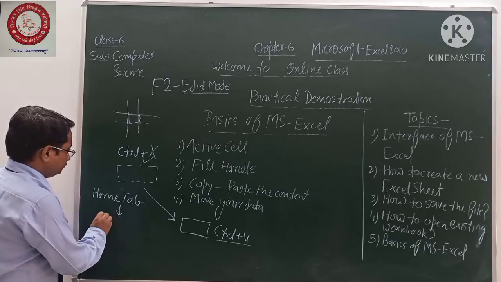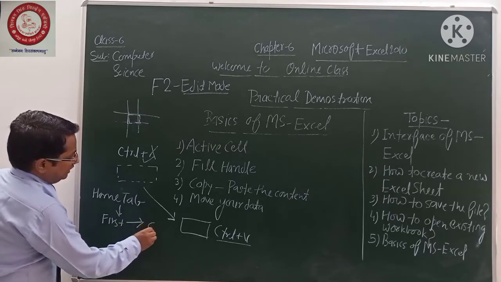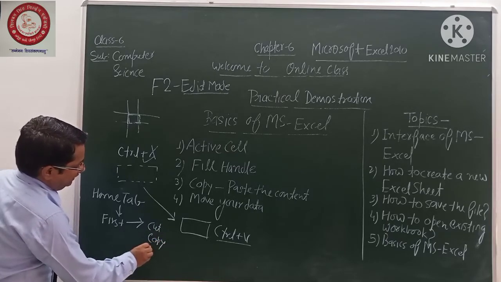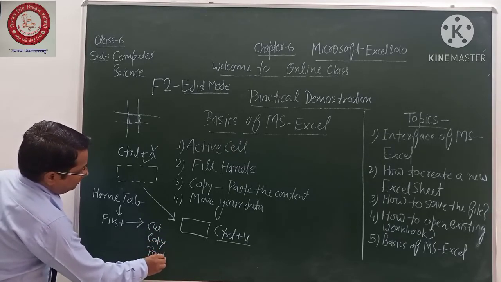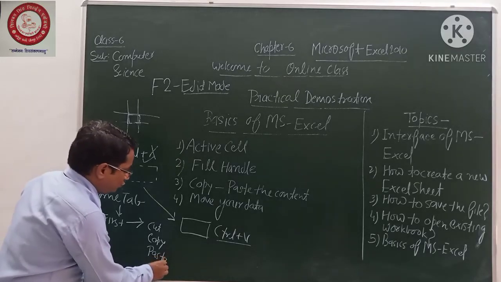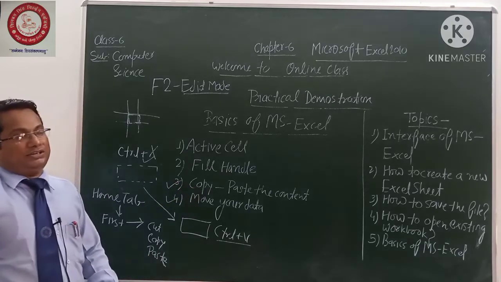In the first group you will get Cut, Copy and Paste, so by using your mouse you can also do the same thing. I am talking about the third and fourth points.